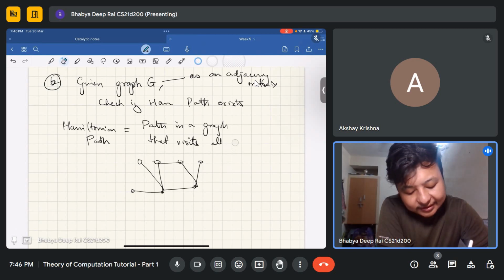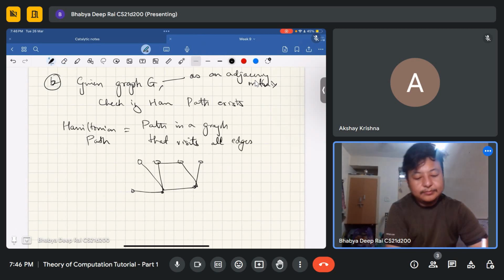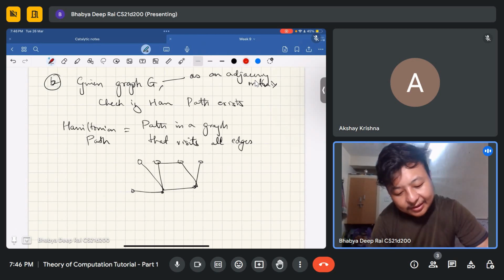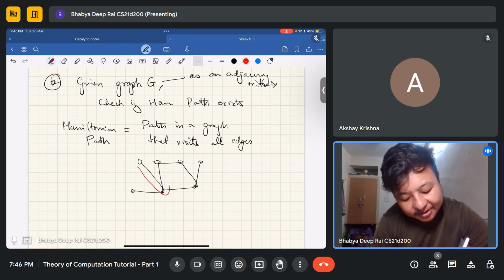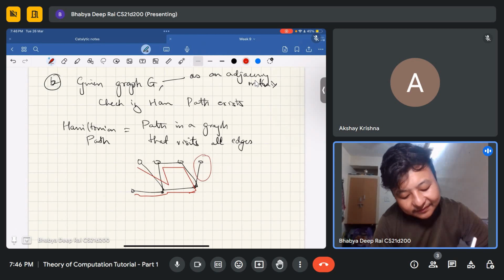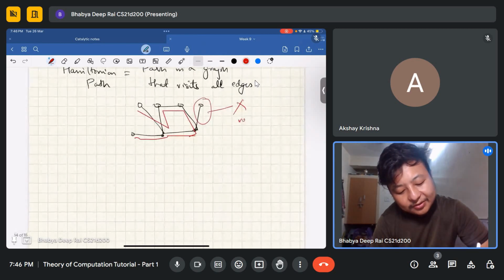Sorry, not all vertices, it should be visits all edges. So for example, this graph does not have a Hamiltonian path, because as I try to visit this edge, after this I go to this edge, and then I go to this edge, this guy does not remain visited. So there is no Hamiltonian path.